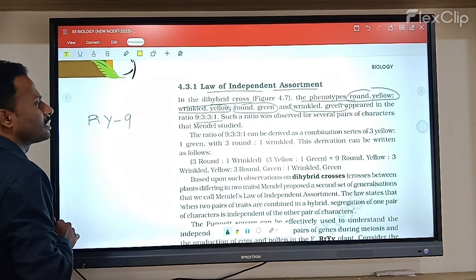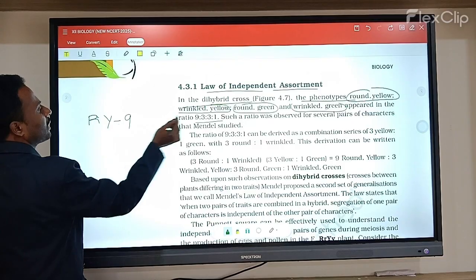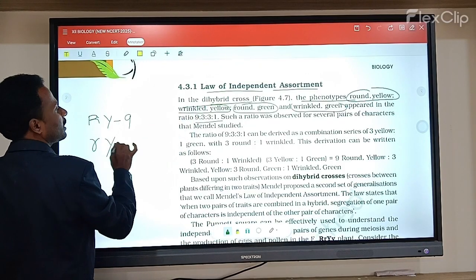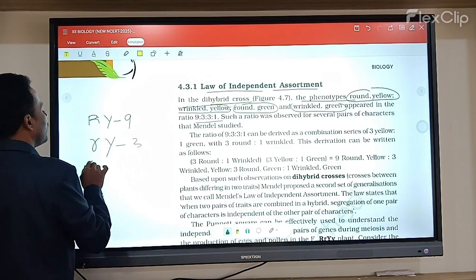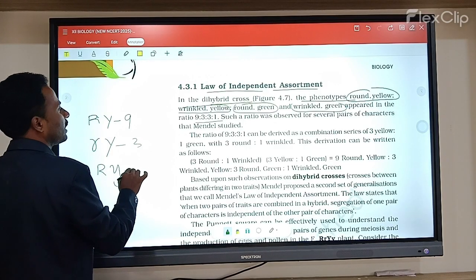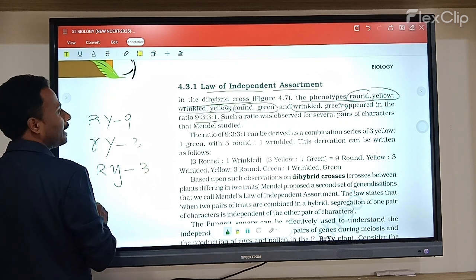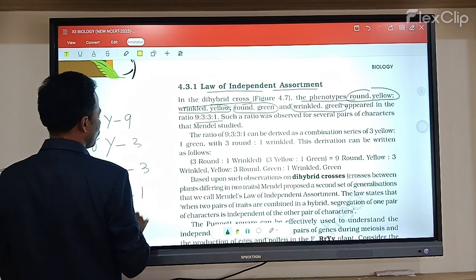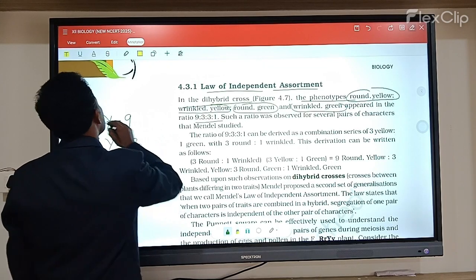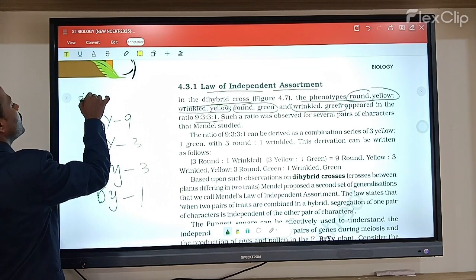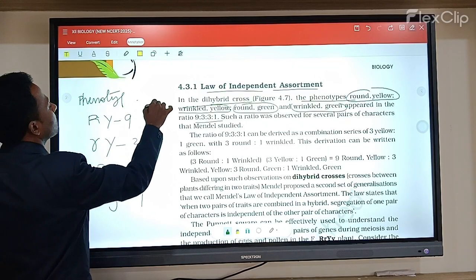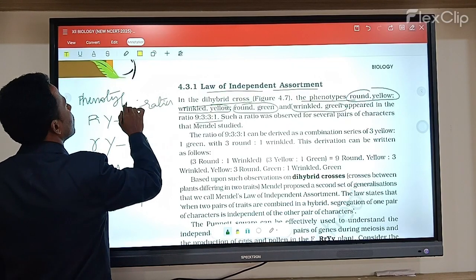There are 9 round yellow characters, and then wrinkled yellow characters are 3, round green characters are 3, and wrinkled green is only 1. So this is the phenotypic ratio.